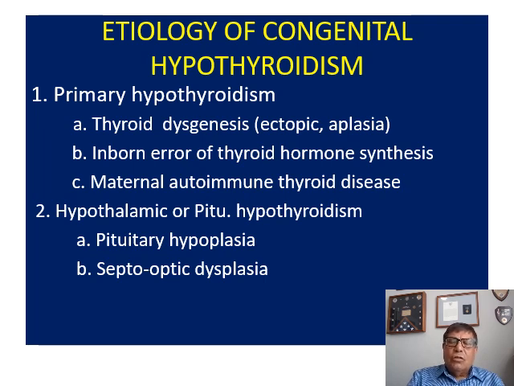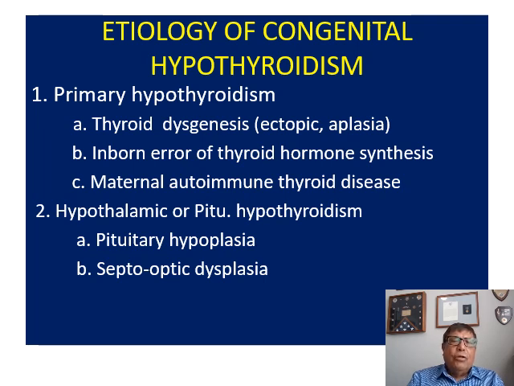So what is the cause of congenital hypothyroidism? The primary hypothyroidism is clearly because of thyroid dysgenesis. The dysgenesis of thyroid includes ectopic, aplasia, hemithyroid, hemiagenesis, and all those.